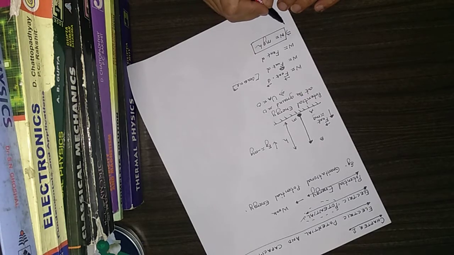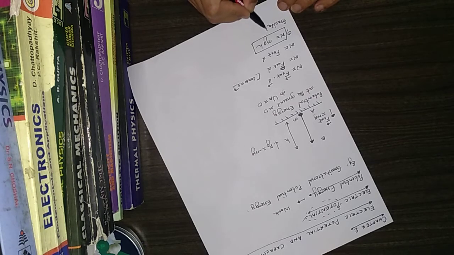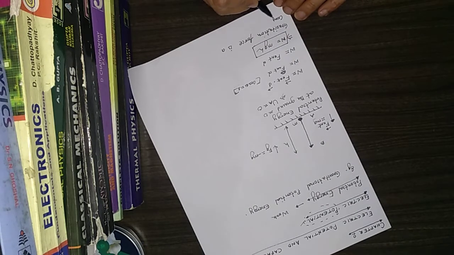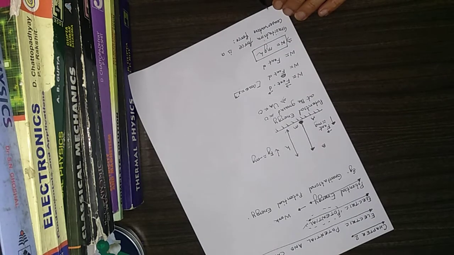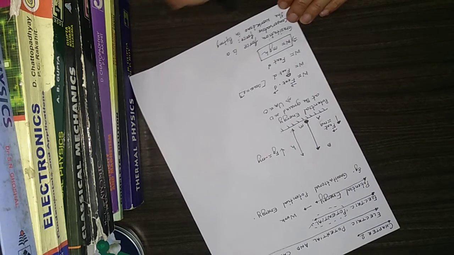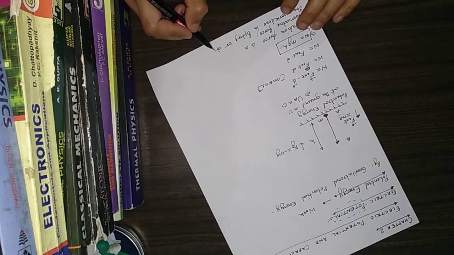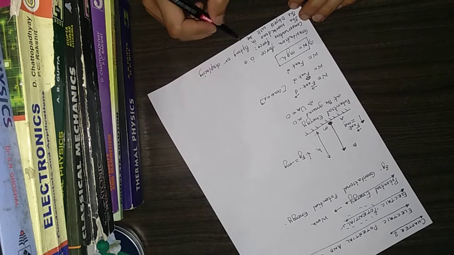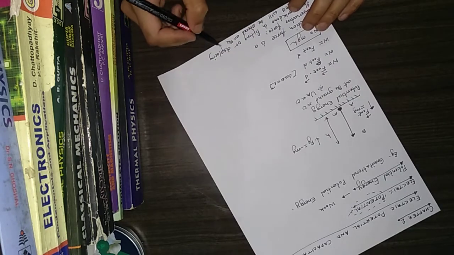And since the gravitational force or gravitational field force is a conservative force, which means the work done in lifting or displacing the object will be stored as the potential energy.